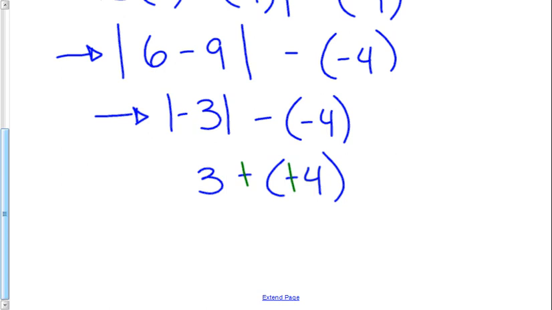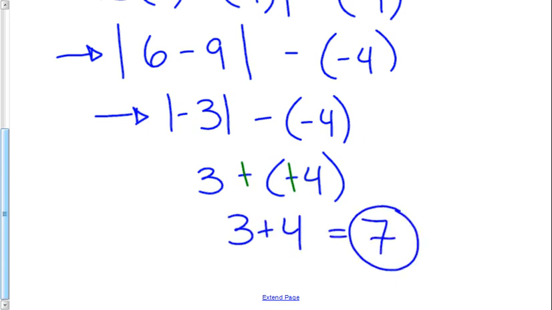But if you forget to put that -4 in parentheses, a lot of students will drop one of those 2 negatives, and they'll turn this problem into 3 minus 4, when as you see here, it really should be 3 plus 4. So 7 is the correct answer. -1 would be a very common incorrect answer. So please be careful. Please get in the habit of putting your values in parentheses when you substitute them into the equation or into the expression.